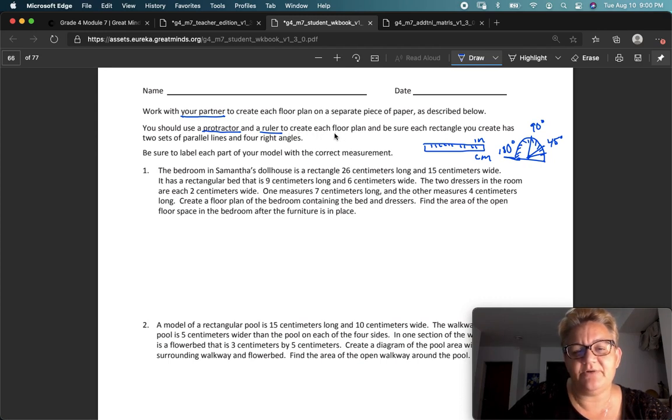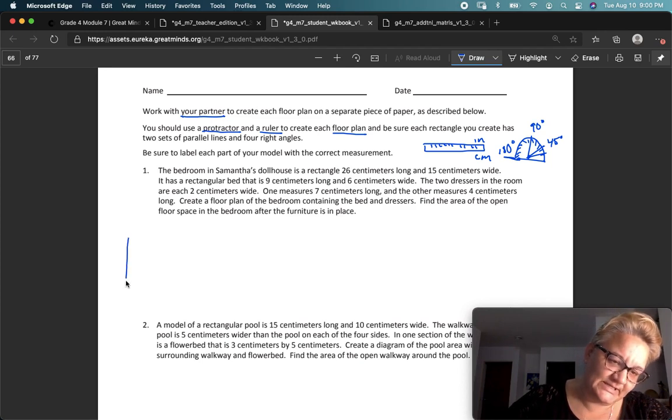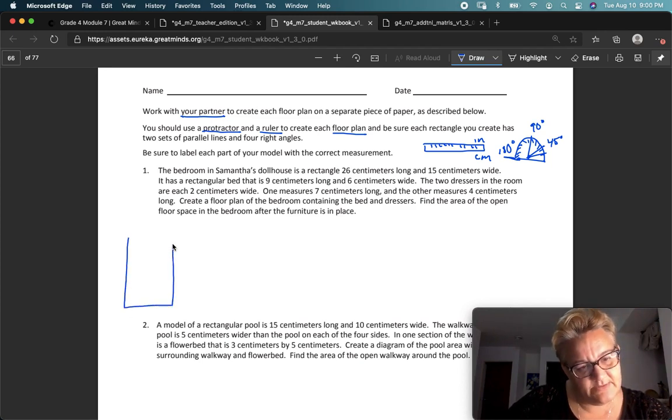Okay, and we're going to create a floor plan. What is a floor plan? When I was in fifth grade, I had a bedroom that looked like this. It was kind of long and skinny. And I had a bed that I always kept up next to the wall. And I had a dresser that fit into the corner that my dad built me. It was kind of cool. It was like a bookshelf.